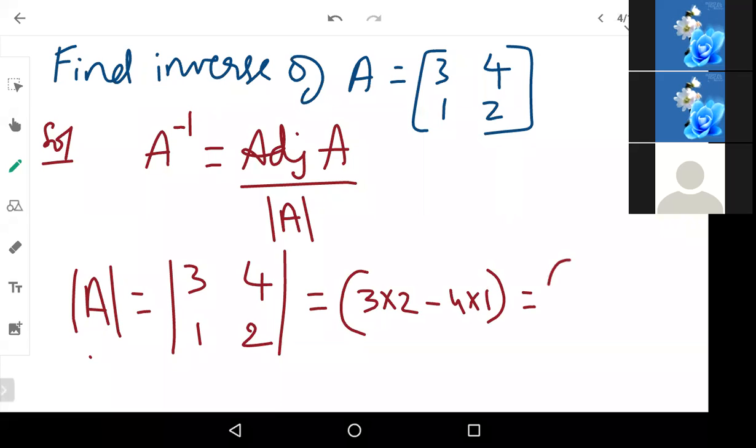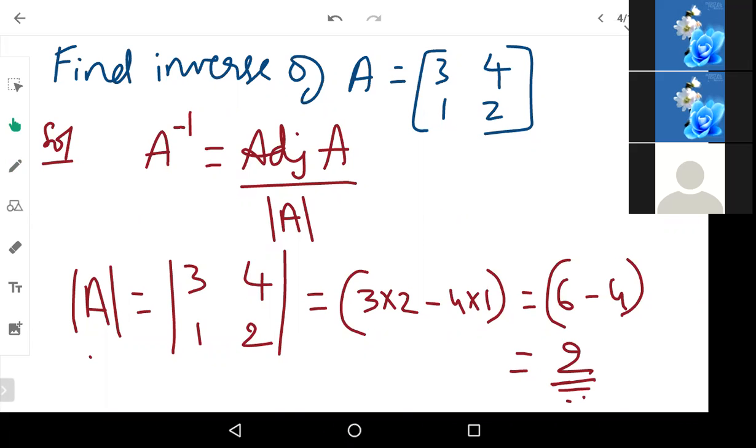That's 3 twos are 6 minus 4 ones are 4, which is 2. So determinant A is not equal to 0. Correct, everyone is correct. Good. So we can find the other values.